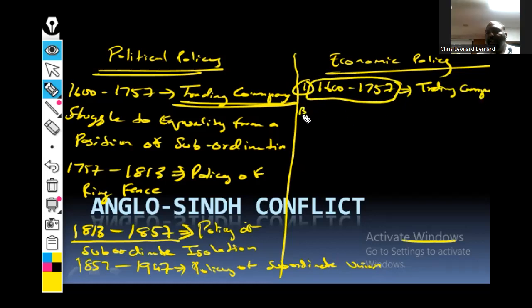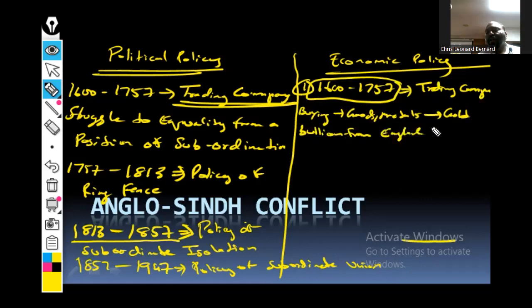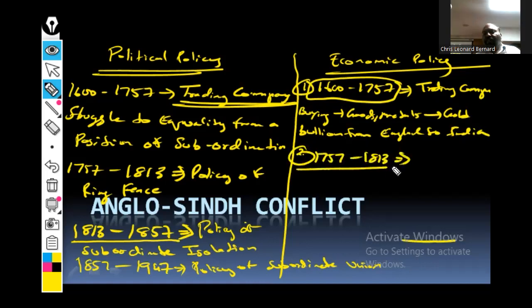And they are buying goods and materials, textiles, precious metals, from gold, which is gold bullion coming from England to India. Yes or no? Till 1757. Then from 1757 to 1813, what is the economic policy they follow?